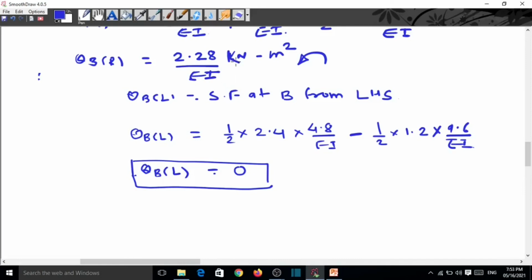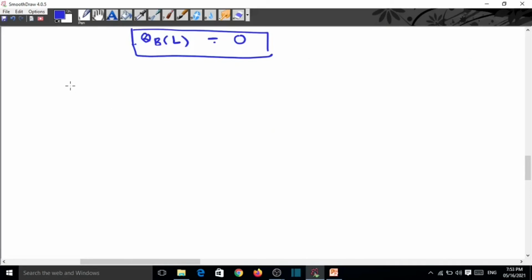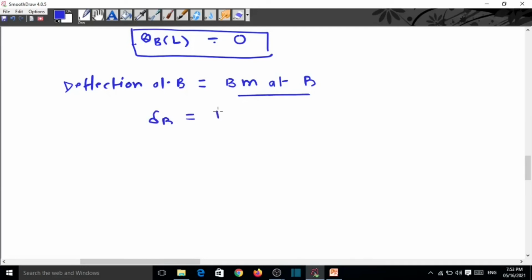The next and last part, that is the deflection at the B. So deflection at B is equal to the bending moment at B. So we can say that delta B is equal to the bending moment at B. Now here we can take it from left side or make it from the right side.